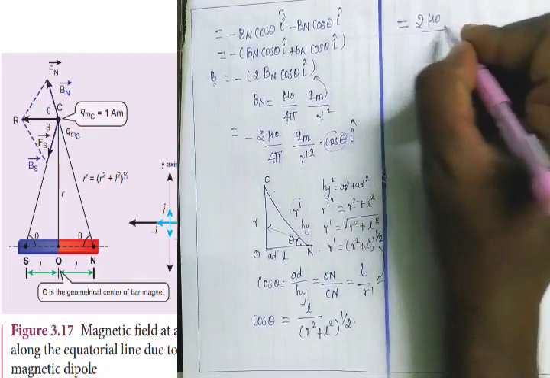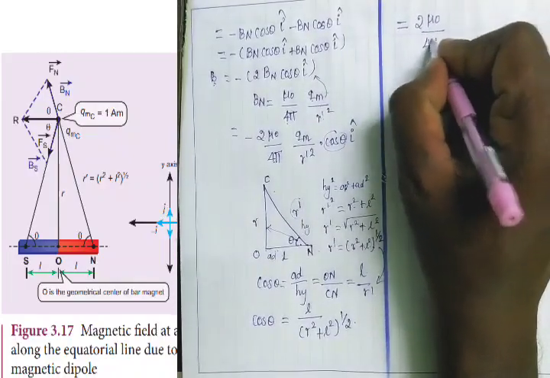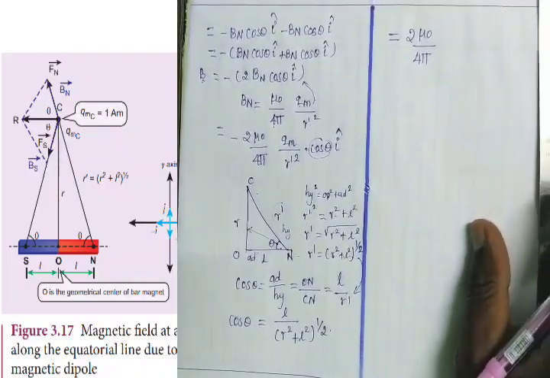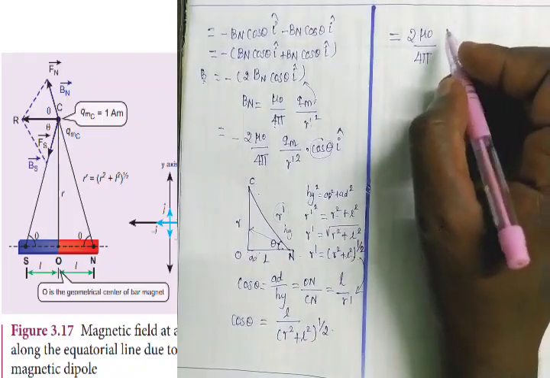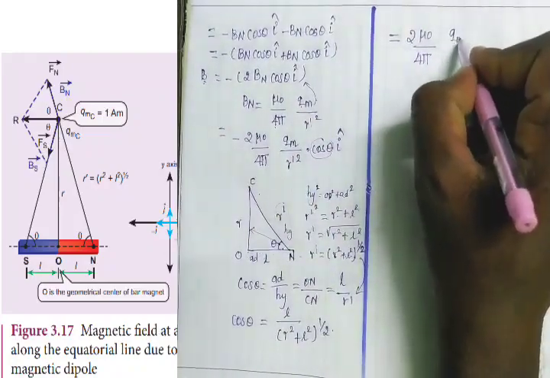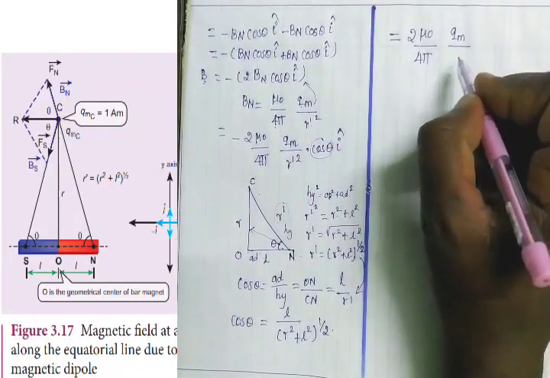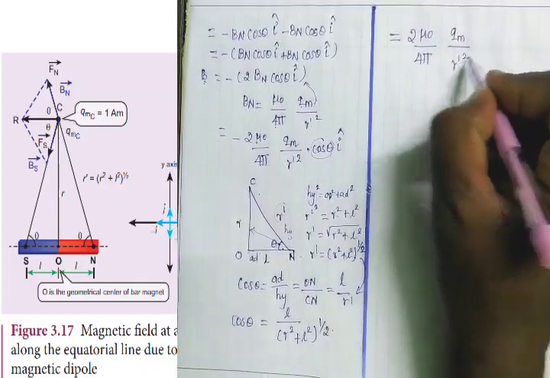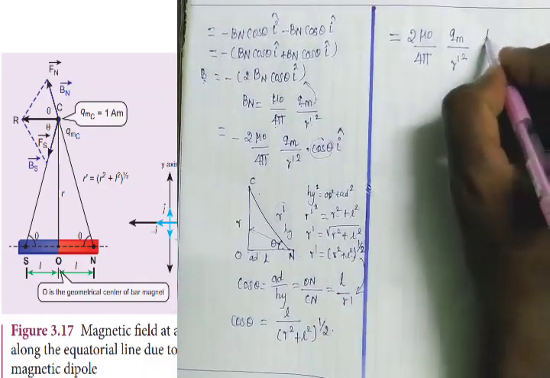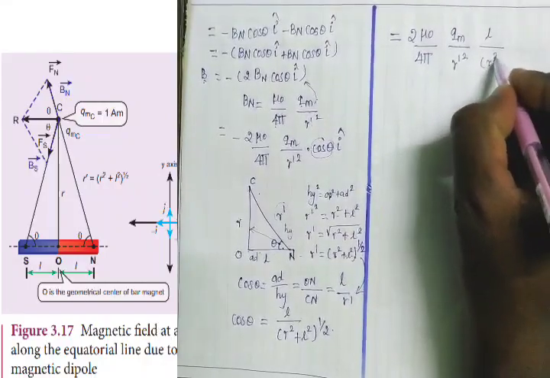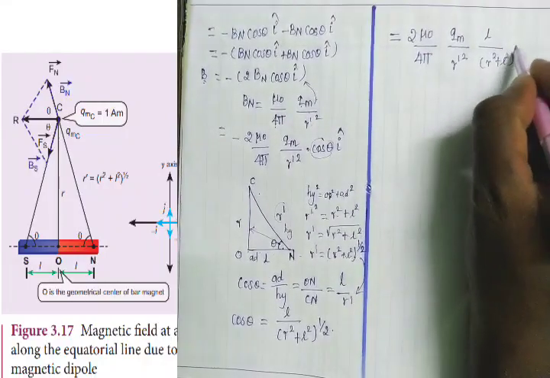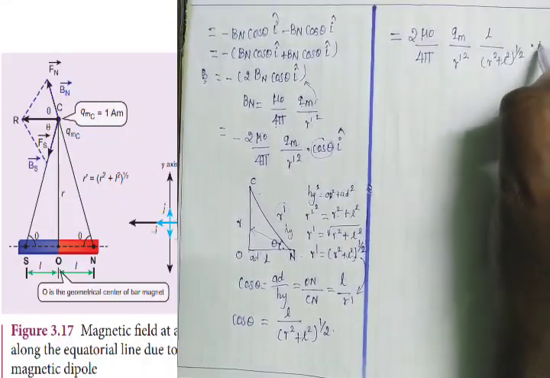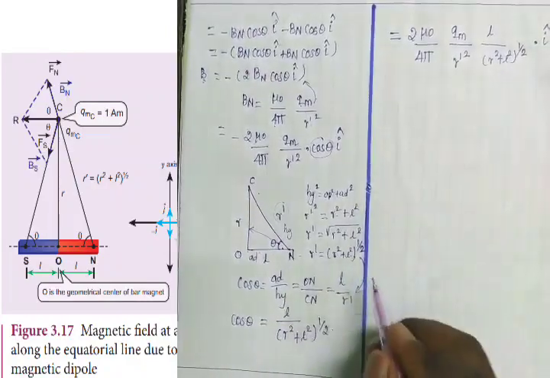So substitute the cos theta value from the last equation into mu naught divided by 4 pi, Qm divided by R dash squared, cos theta value L divided by (R squared plus L squared) power 1 by 2, and the unit vector i cap.